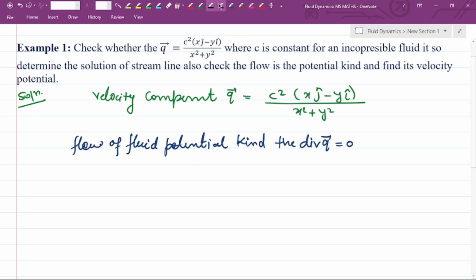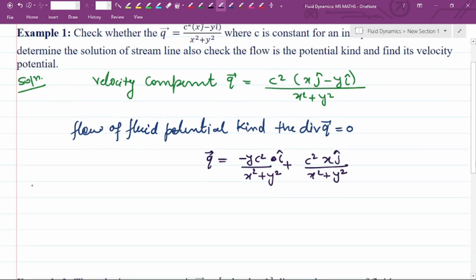It means that you have a q vector, so we can write the q vector in terms of i cap and j cap. So basically it will be minus y into c square upon x square plus y square i cap, plus c square into x upon x square plus y square j cap.